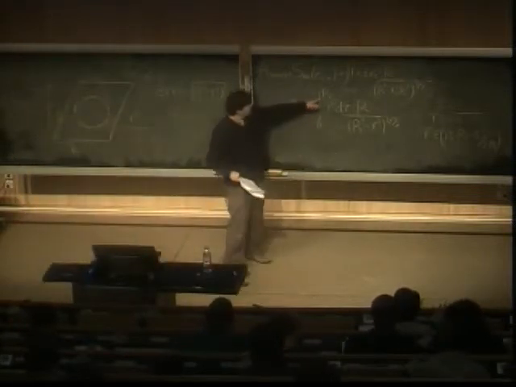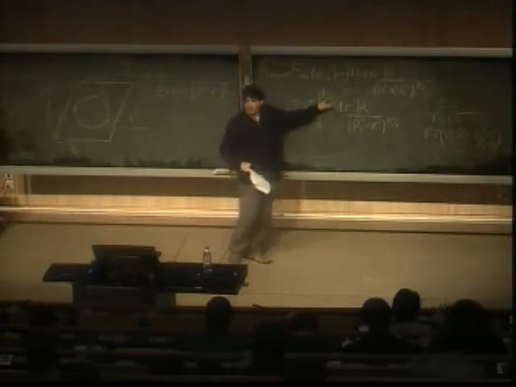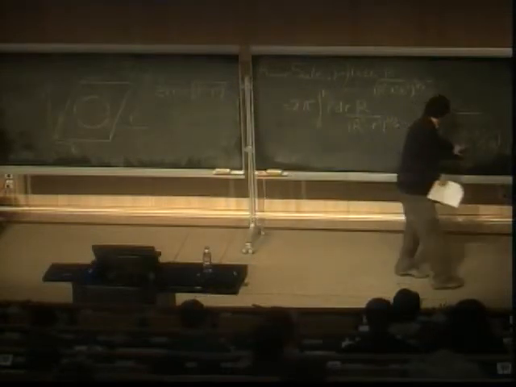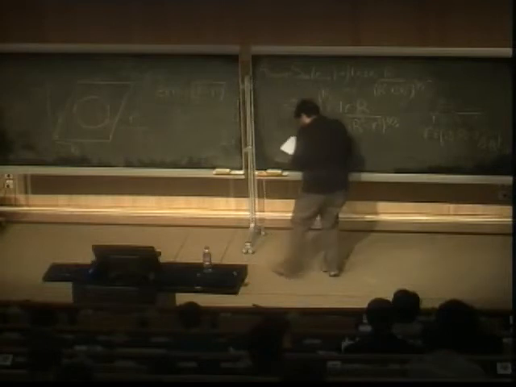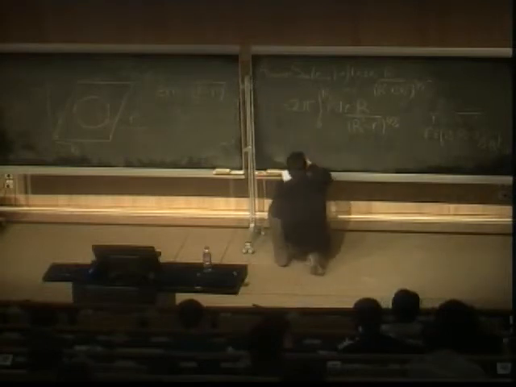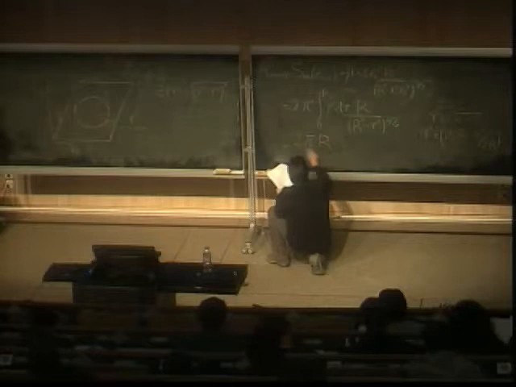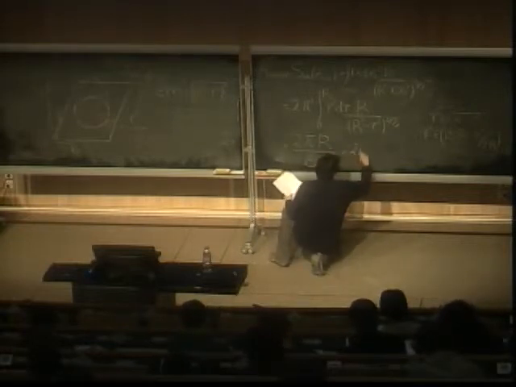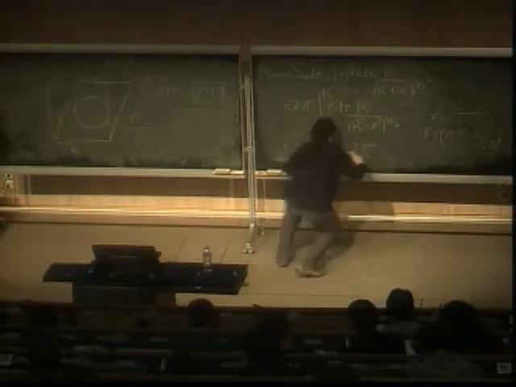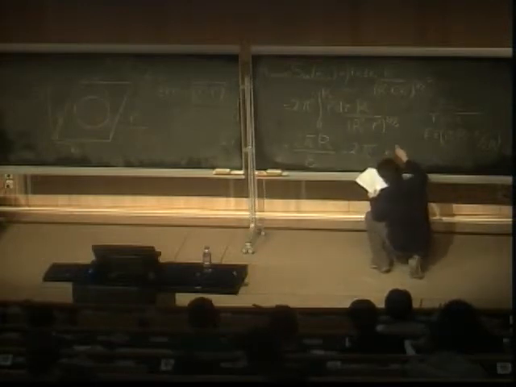So this limit of integration will be changed to this. We do the integral, take the epsilon to 0 limit, and we get 2 pi R over epsilon minus 2 pi plus something of order epsilon.